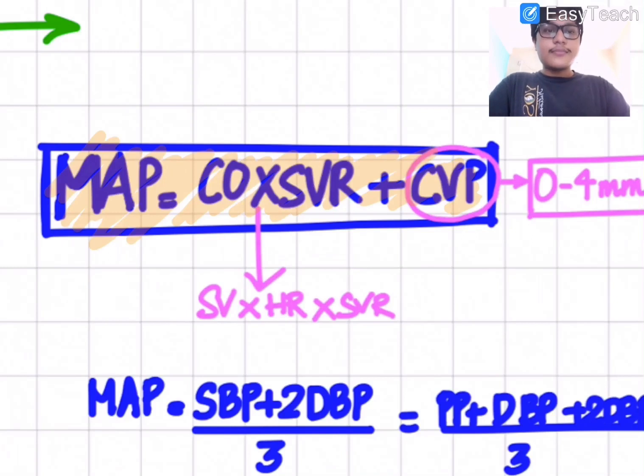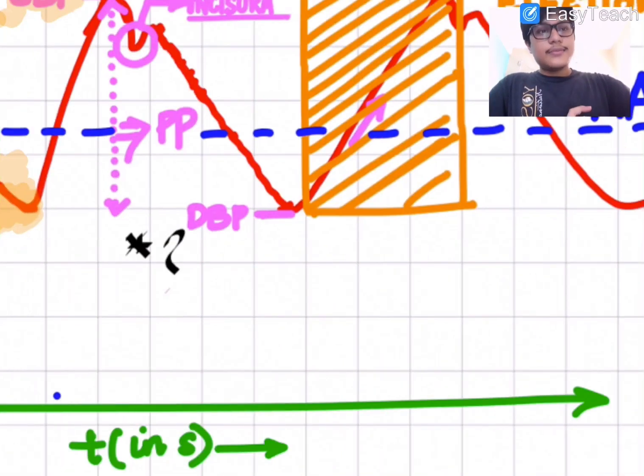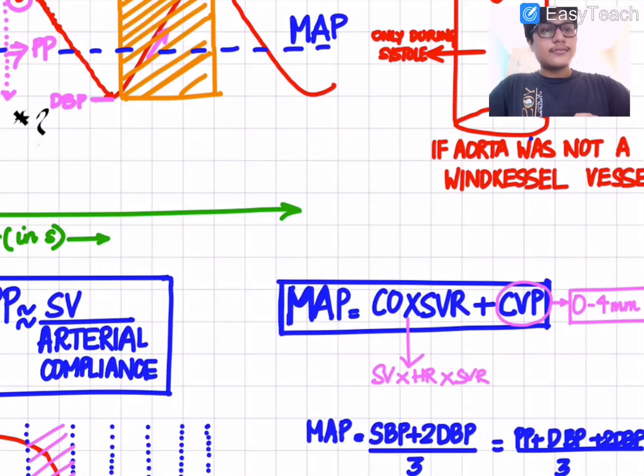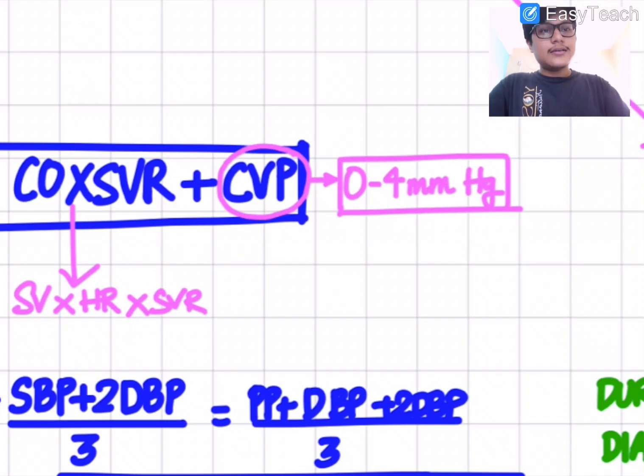If we want to calculate it mathematically, it is the product of cardiac output and systemic vascular resistance plus central venous pressure. Central venous pressure is the pressure found in the vena cava close to their opening in the right atrium, and typically it ranges from 0 to 4 millimeters of mercury.